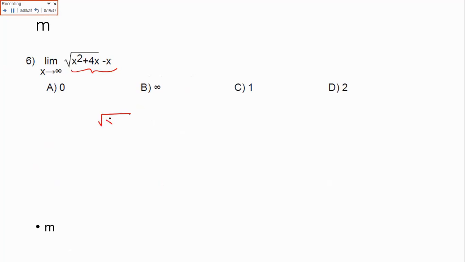Square root of x squared plus 4x, plus x. And then we're going to multiply this whole thing by the square root of x squared plus 4x. Let me get this one better.